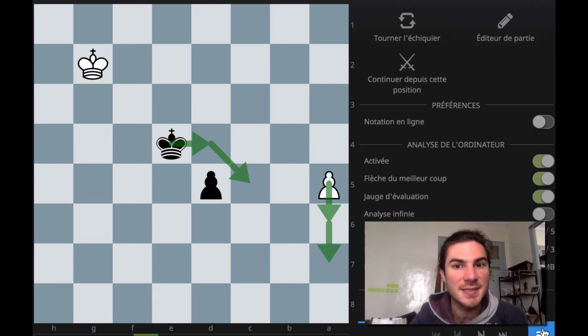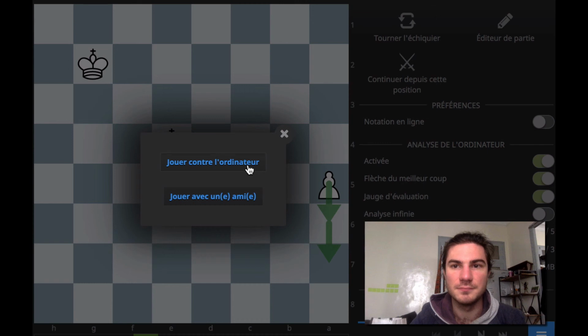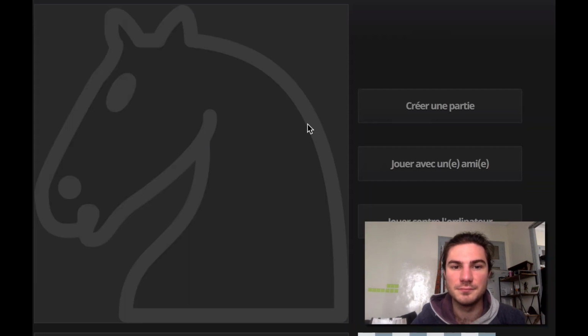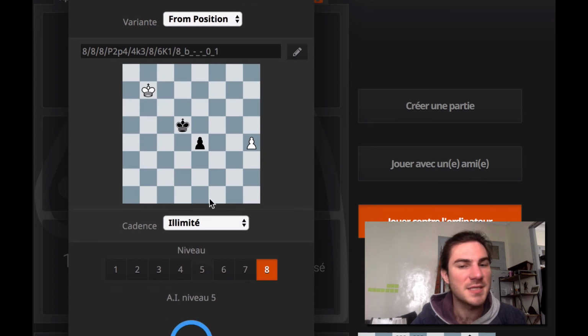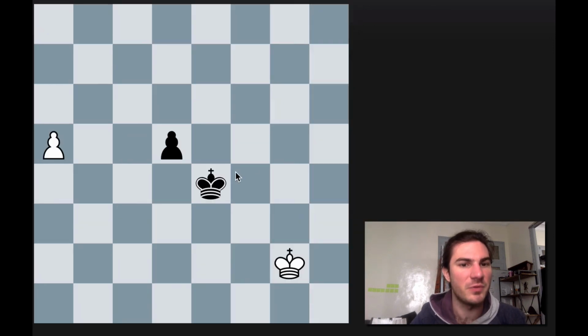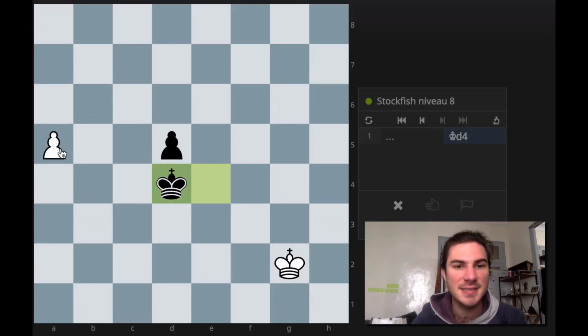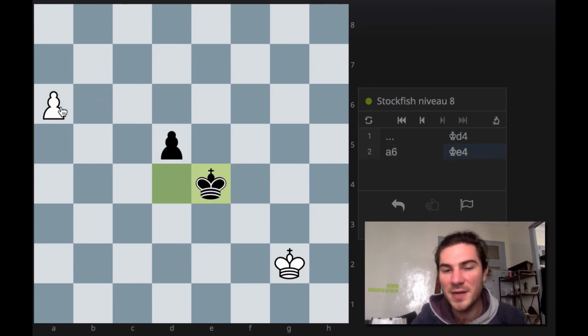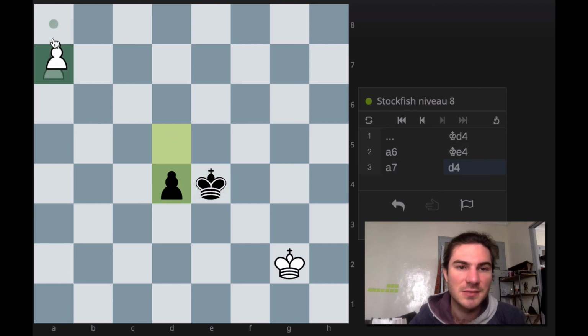Let's see what it looks like against the computer. Doesn't matter because we already know the result, right? We know that the king can't get inside of the square. He's just too slow, no matter what he does. And Stockfish is, again, a bad training partner because Stockfish knows that the game is just lost.